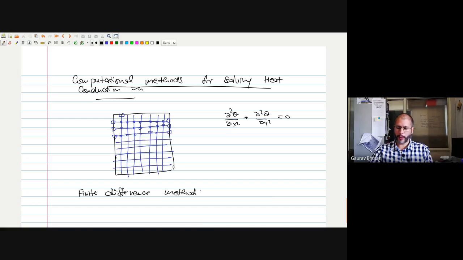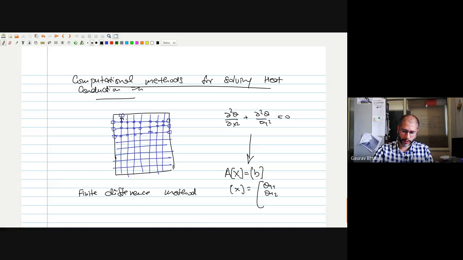So it converts our partial differential equation to a set of linear equations that can be solved, and then we can get the value of theta at these different points. Ultimately, we want to go to a system Ax equal to b, where the x vector is a vector of unknowns, theta 1,1, theta 1,2, where this is 1 comma 1, this is 1 comma 2, and so on.